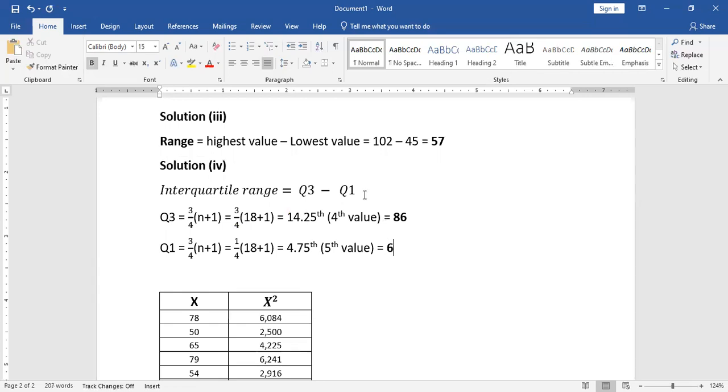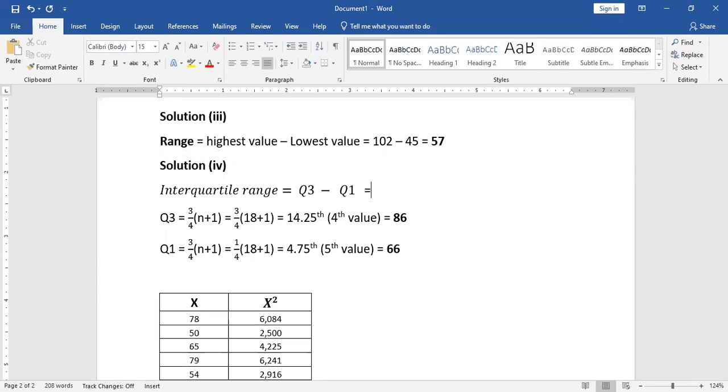So now with these numbers, I can calculate my interquartile range by simply saying quartile 3, which is 86, minus 66, which is quartile 1. So 86 minus 66 is giving me 20. So the interquartile range for this distribution or data given is basically 20.